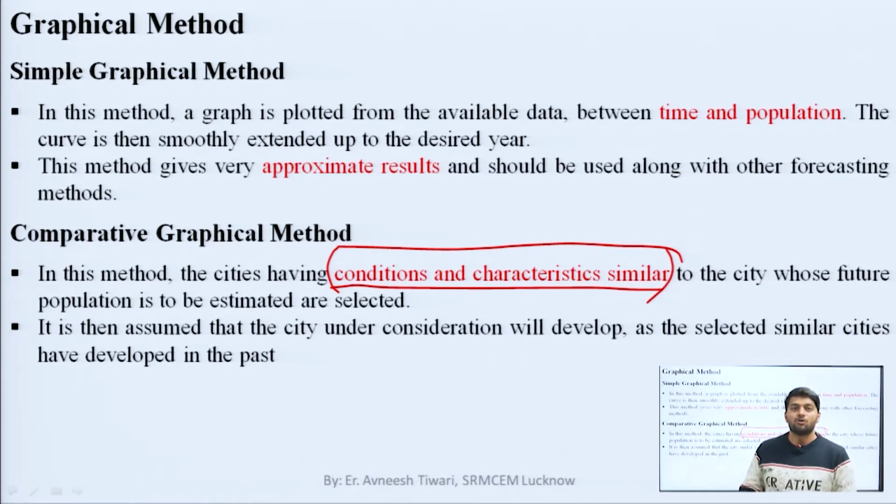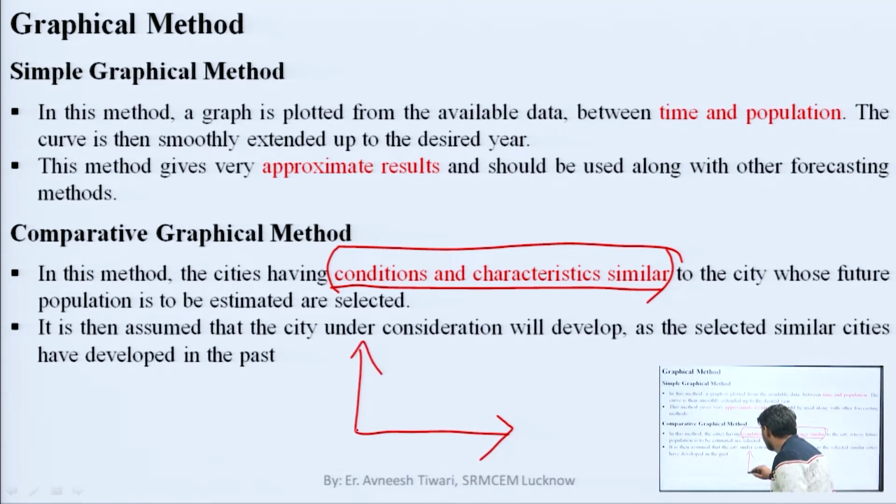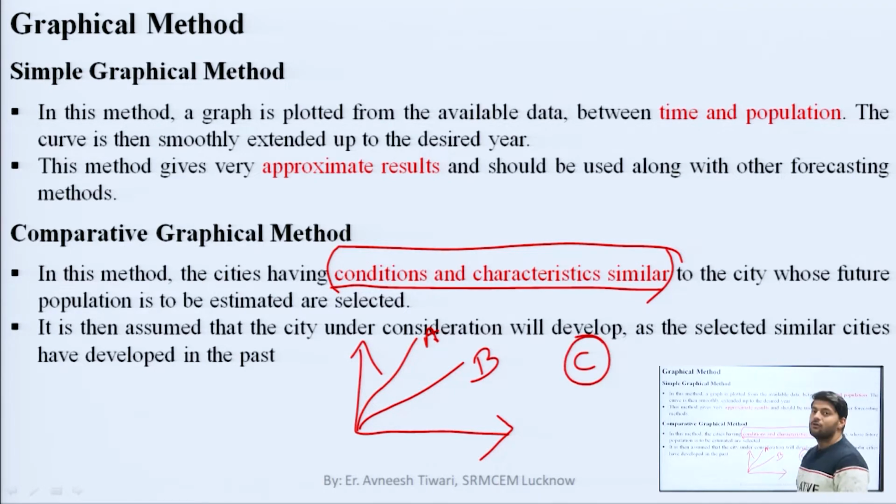मीन्स अगर हमारे पास ये दो कर्व्स अवेलेबल हैं, दिस इज फॉर सिटी ए एंड दिस इज फॉर सिटी बी, एंड वी हैव टू एस्टिमेट पॉपुलेशन और वी हैव टू फोरकास्ट पॉपुलेशन फॉर सिटी सी. हमें बेसिकली सबसे पहले ये आइडेंटिफाई करना है कि बिटवीन दीज टू सिटीज which possesses the same condition and characteristics.